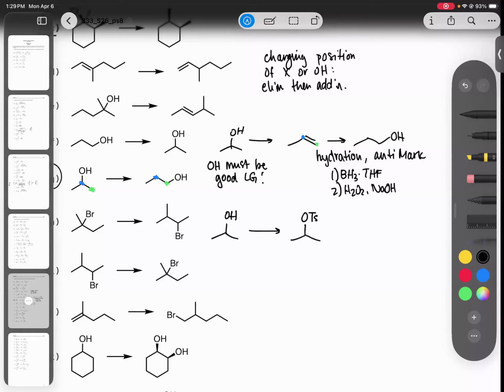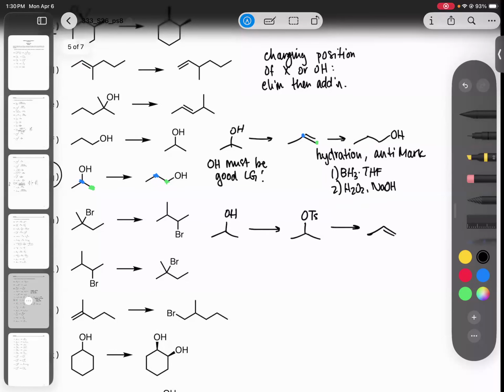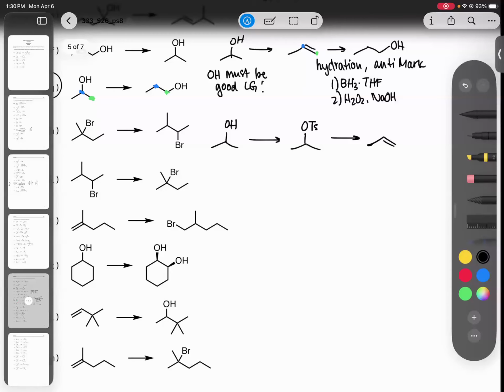Remember that one? Okay, and then we can go to the alkene, and then do BH3 THF.